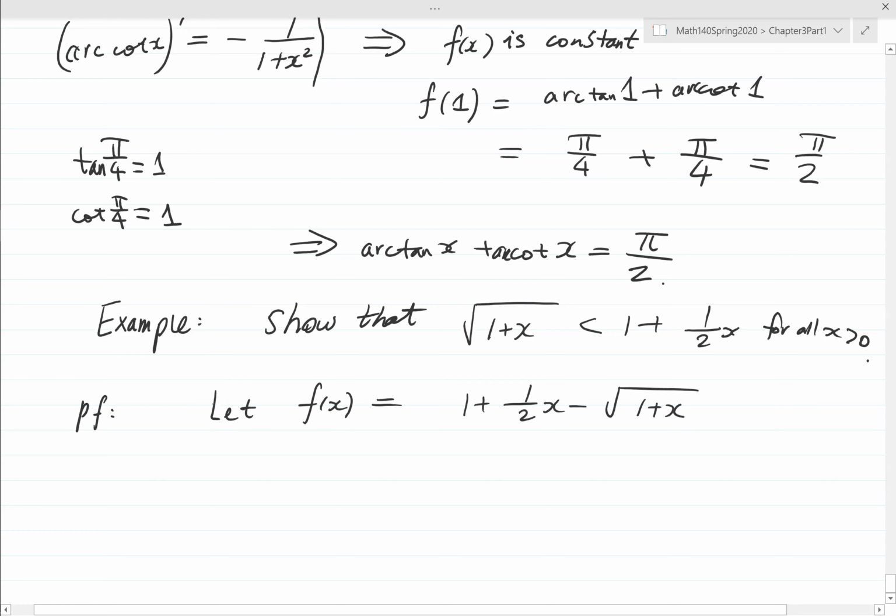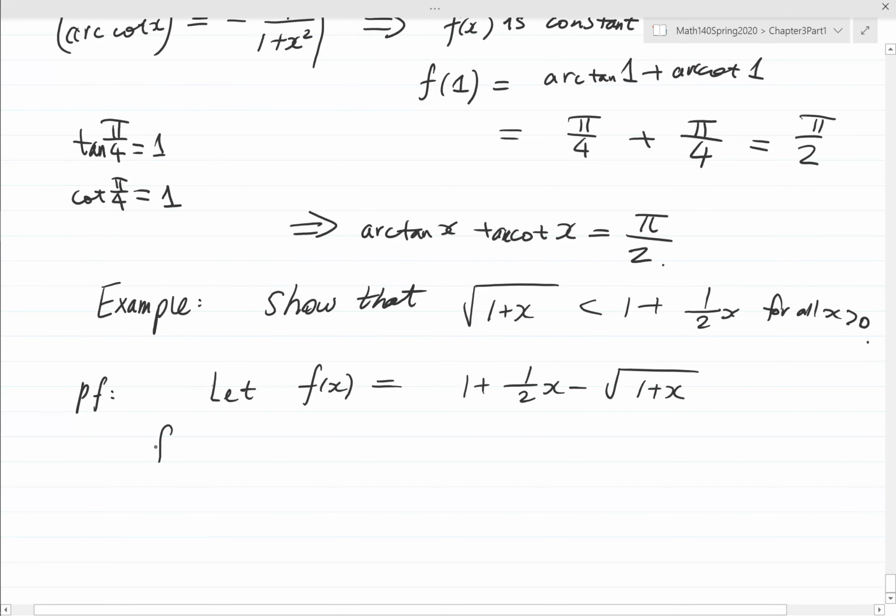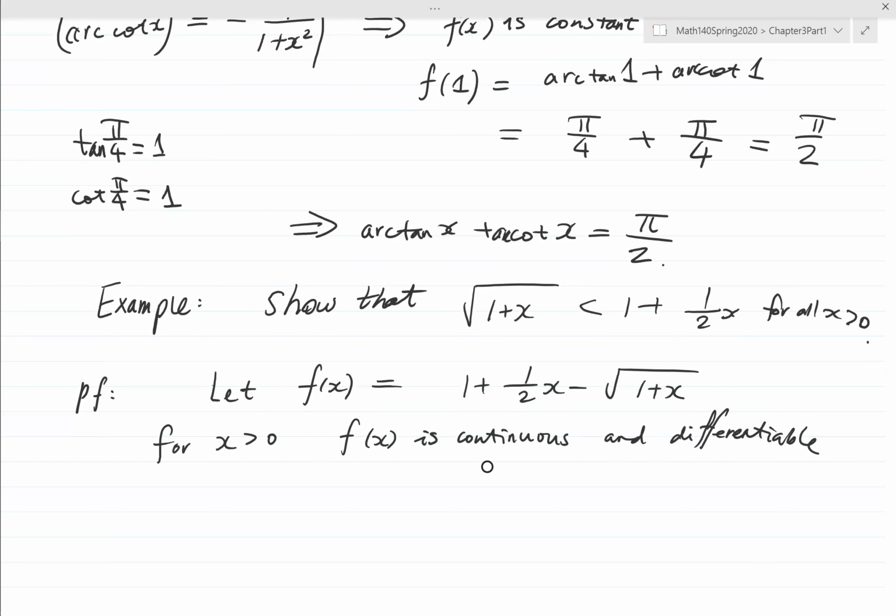Now, for x greater or equal than 0, f is continuous and differentiable everywhere, so that we can apply the mean value theorem. Okay, mean value theorem. Now, what is f(0)?